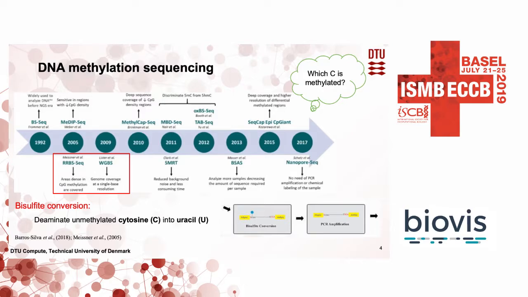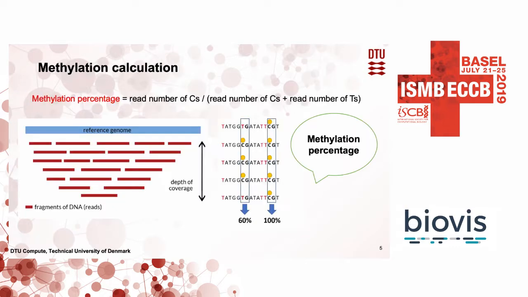After the PCR amplification, we can see the uracil turn into thymine, so we can know which cytosine is methylated and which cytosine is unmethylated. After this, we can calculate the DNA methylation percentage by the number of methylated cytosines divided by the total number of reads. For example, in the figure, we can calculate the methylation percentage.